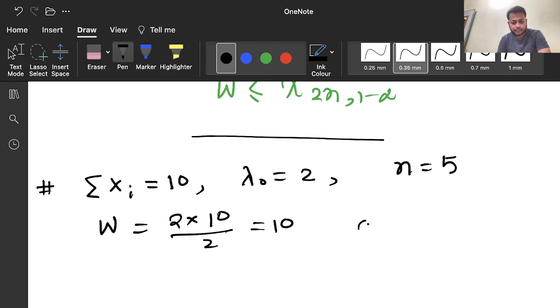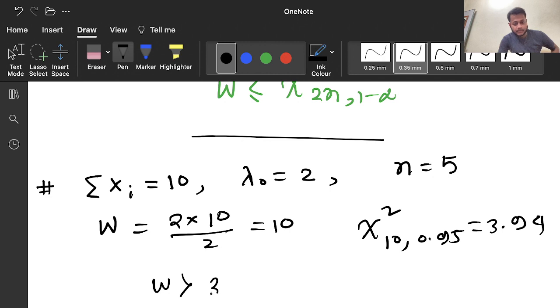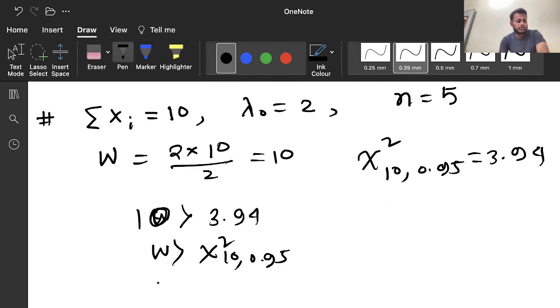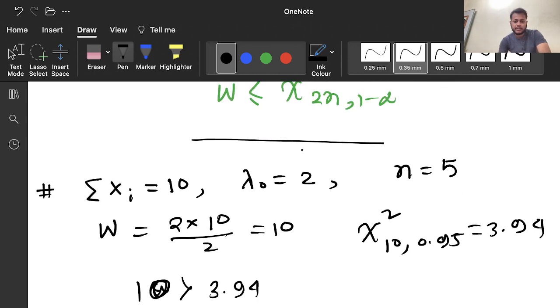Now chi-square 2n, the 0.95 point, is 3.94. Is w less than or equal to 3.94? Here w is 10, which is greater than chi-square 10 at 0.95, so this is not satisfied.